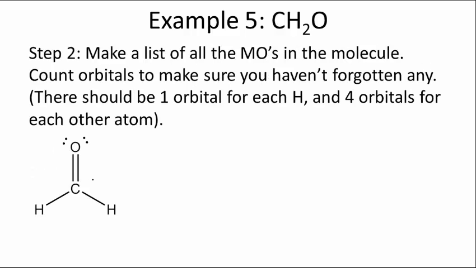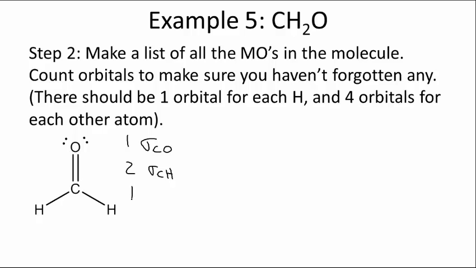So then step 2, make a list of all the MOs in the molecule. All right. So what orbitals did you come up with in looking at the Lewis structure? All right. Sigma CO. How many of those? 1. All right. Sigma CH. How many of those? 2 sigma CHs.